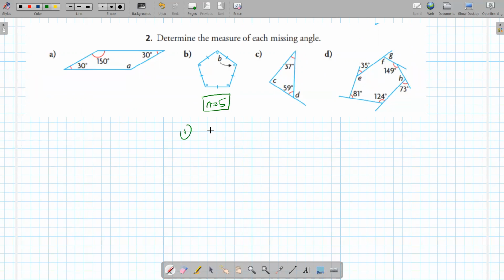First, step 1, find the sum of the interior angles. How do we find this? The sum of the interior angles means the sum of the angles on the inside, given that n is 5.